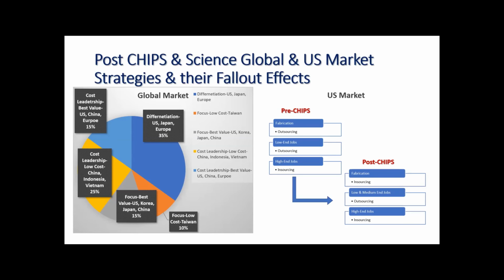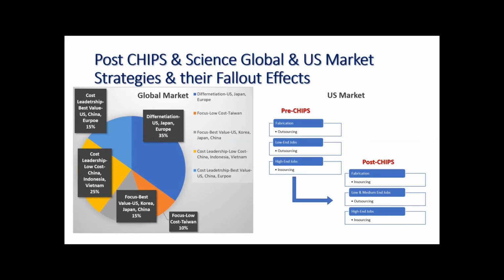And the third strategy is cost leadership, which will be followed by China, Indonesia, and Vietnam, and they will focus on the lower end of the market. And for best value, US, China, and Europe will be focusing on this strategy.